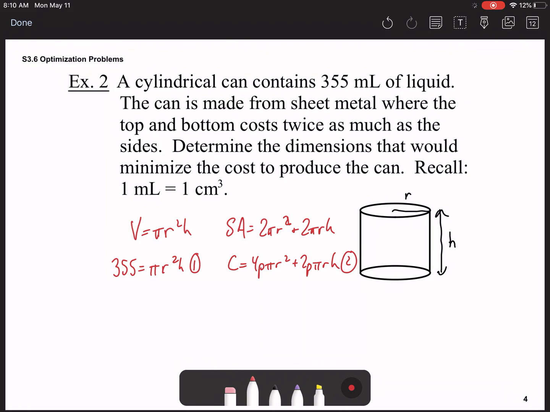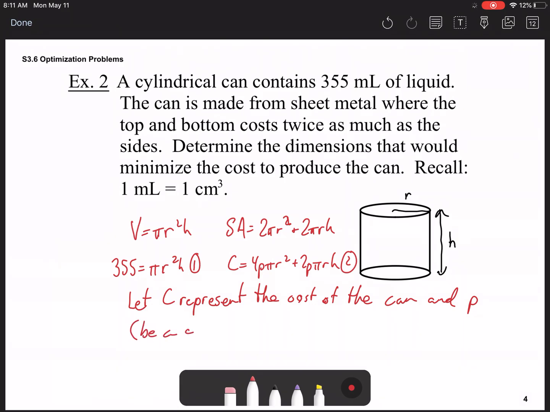So I've created two variables here, so let C represent the cost of the can, and P be a constant price for sheet metal.